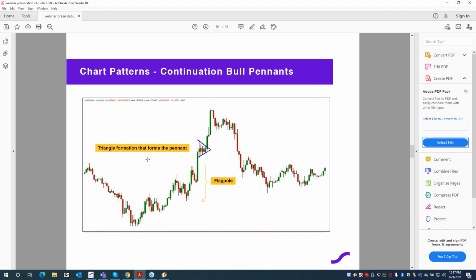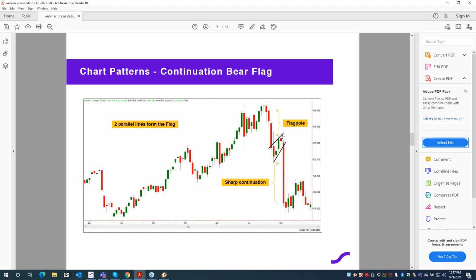Going on now to continuation bull pennants, which is again the flagpole theory. The only difference is now you see the parallel lines over here that form into a triangle. Over here we see that they're moving downwards together, and then we see the sharp move that comes down. This is a descending flagpole.